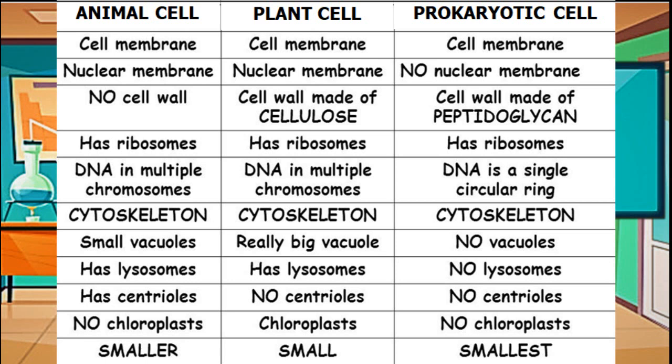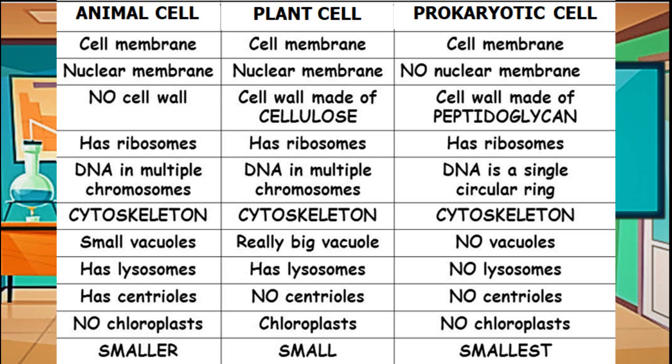Only the animal and plant cells have nuclear membrane. In the animal cells, they have no cell wall, while in the plant cells, the cell wall is made of cellulose. And in the prokaryotic cells, the cell wall is made of peptidoglycan. Both the animal and plant cells have multiple chromosomes in their DNA, while in the prokaryotic cells, DNA is a single circular ring.